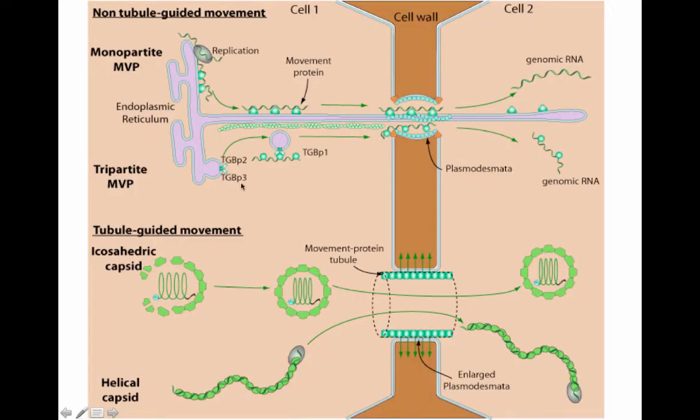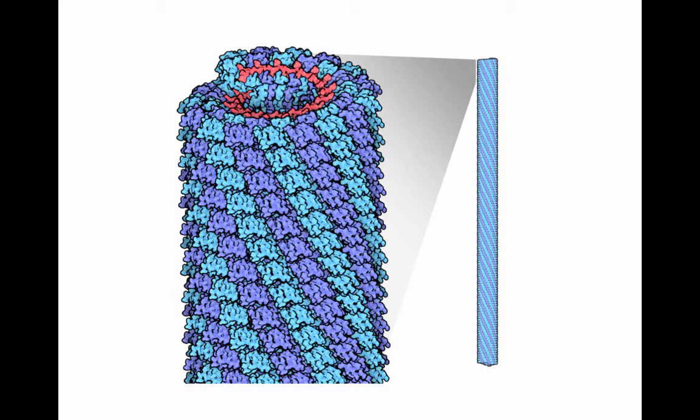And there are other ways by which other viruses do that, but I just want to focus on our tobacco mosaic virus. It's a monopartite movement protein. This, again, is the virion, and it turns out that the virion is made up of multiple copies of the coat protein.